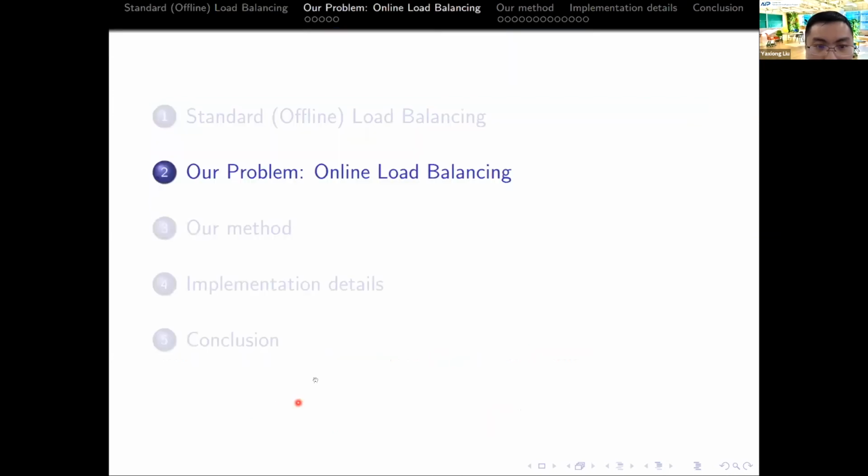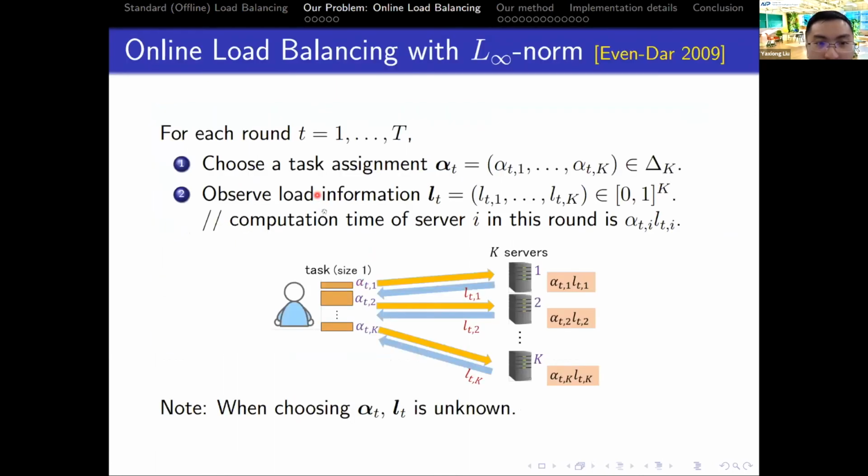So now let's come to the online version of this problem. The online load balancing problem with the L infinity norm was first researched maybe 10 years ago by Eva Dan. The problem is stated as follows: for each round t from 1 to large T, at round small t, the algorithm first chooses a task assignment alpha t, and then observes the load information as a vector L t.